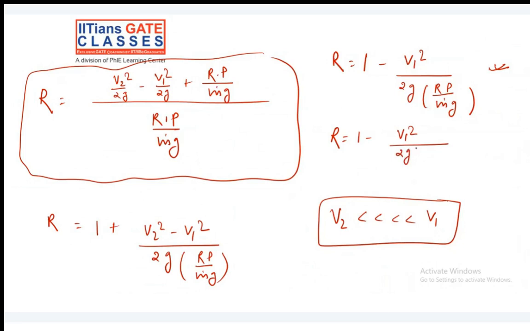So the final expression I am writing down for the degree of reaction is equal to 1 minus (V1 square minus V2 square) divided by 2 times (VW1 U1 plus minus VW2 U2).